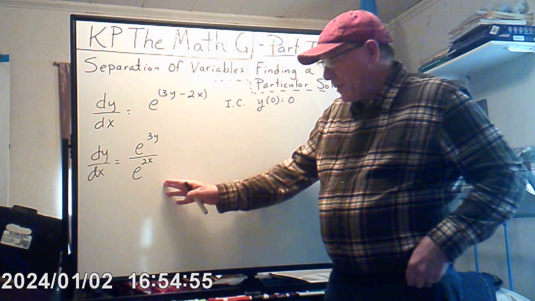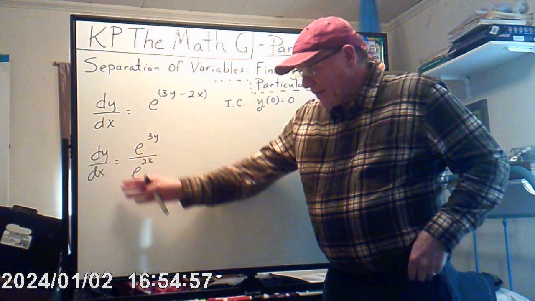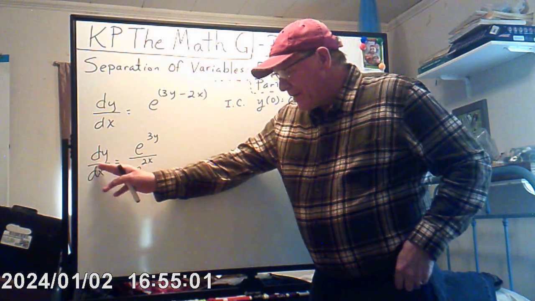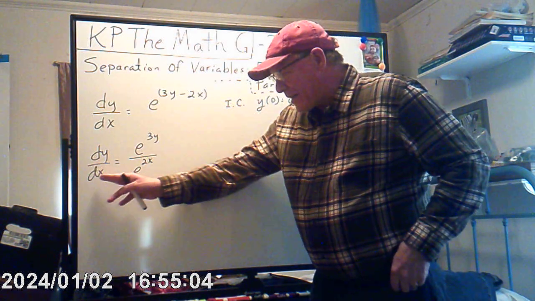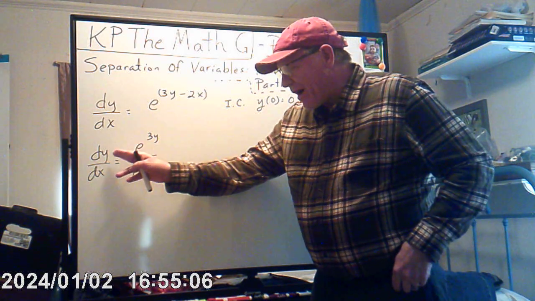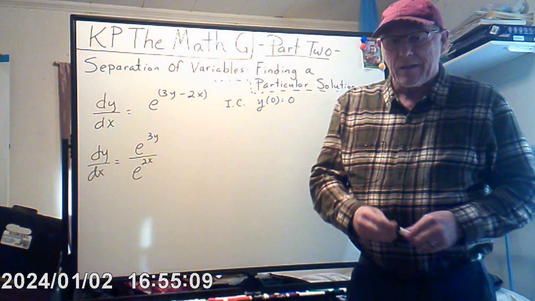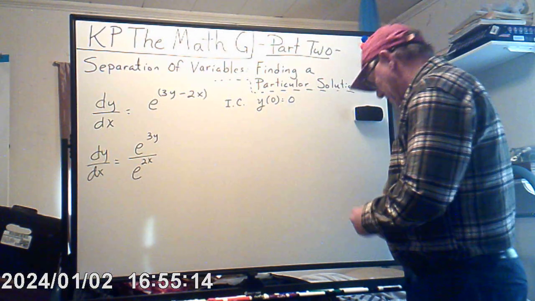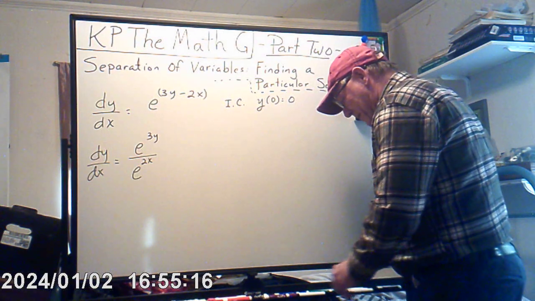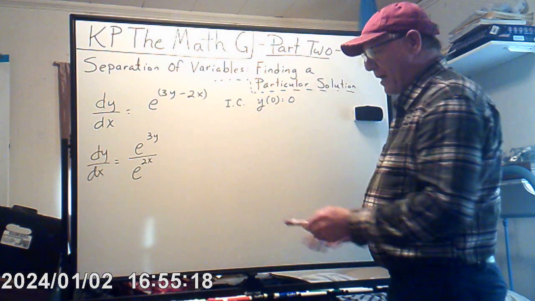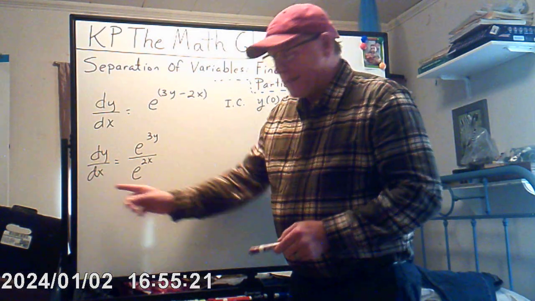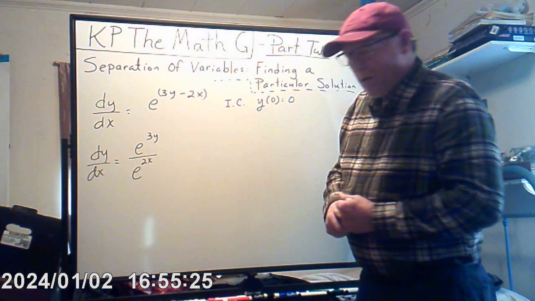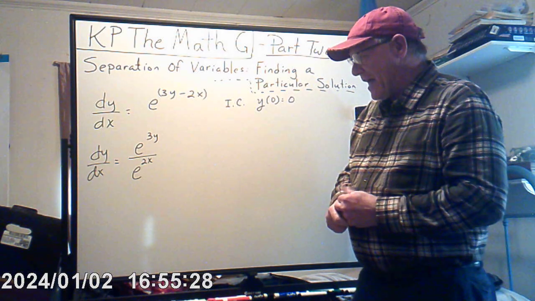Now, whoa, okay. How do we separate this? We need to somehow get e to the 2x with dx and e to the 3y with dy. Well, the first thing we need to do is get rid of this dx, so I want to multiply both sides by dx.